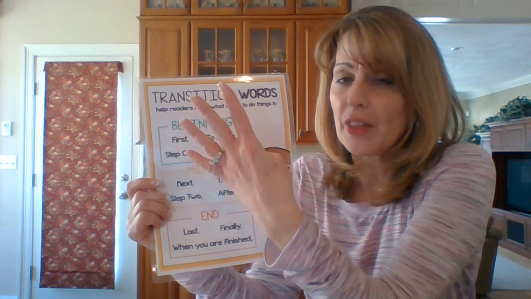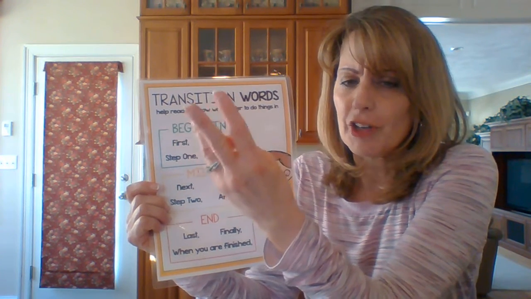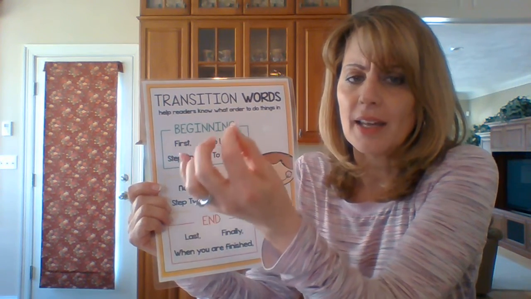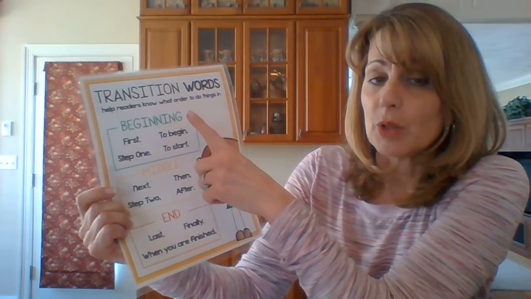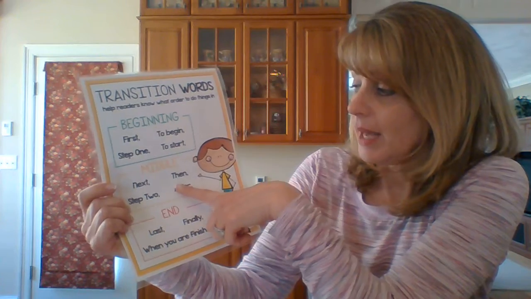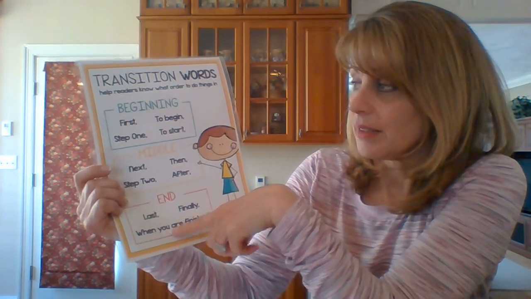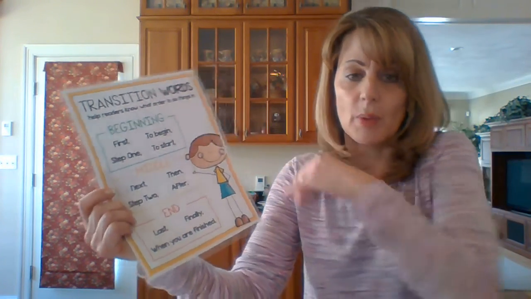I want you to try to think of something that would have 4 steps. So we could do first, next, then, and last. Think about what you do is going to have a beginning, a middle, and an end. And there are some transition words that we're going to use. So I want you to just think about the different things that you know how to do.